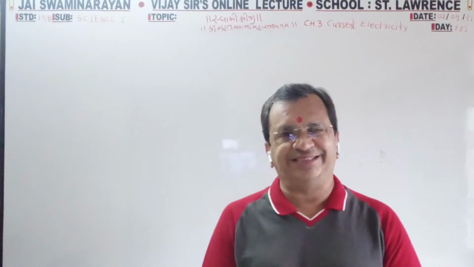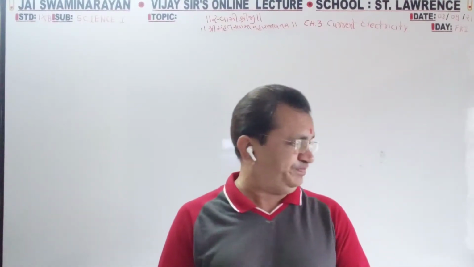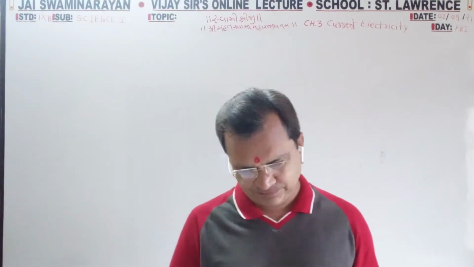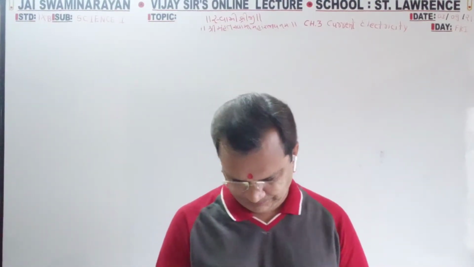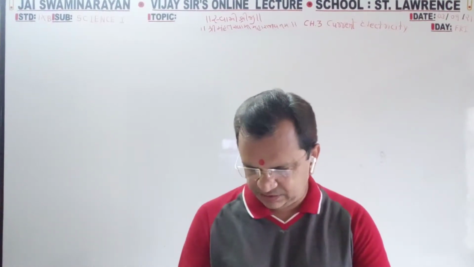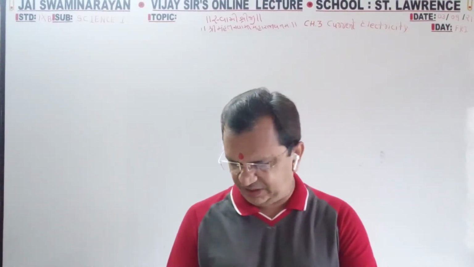One coulomb charge in 1 second, at that time current is said to be 1 ampere. That we have done. Big unit, small unit also we have done.